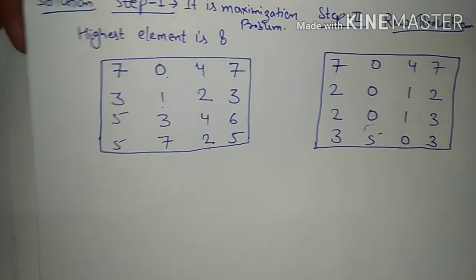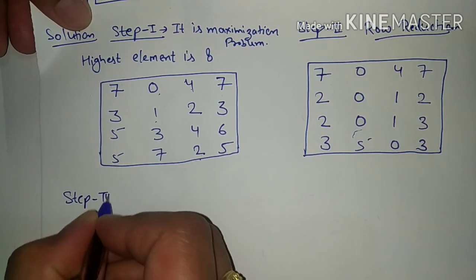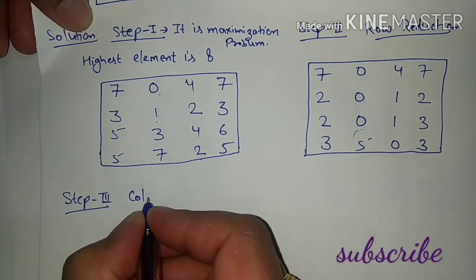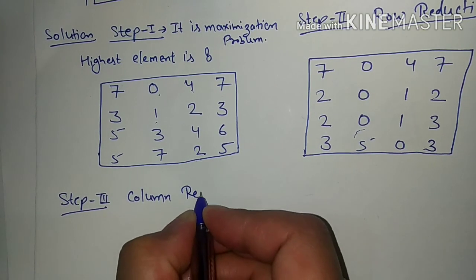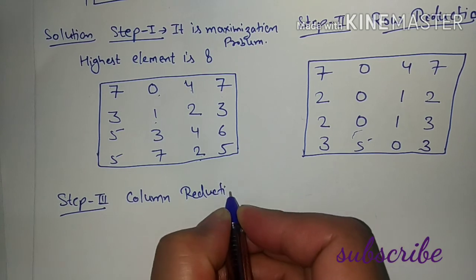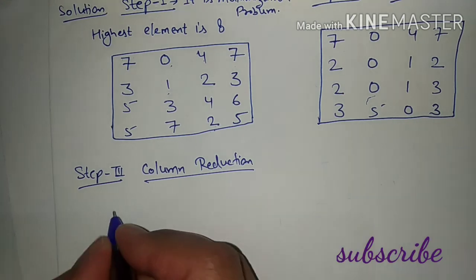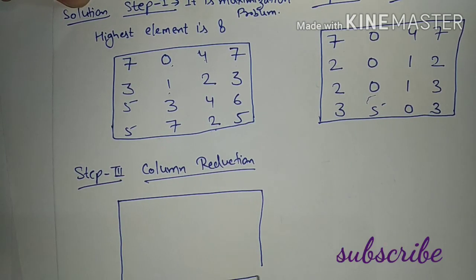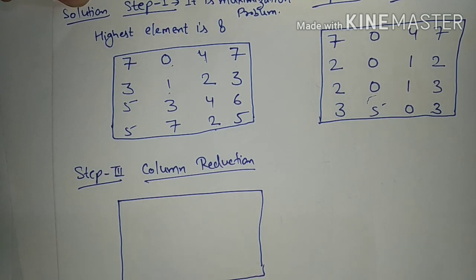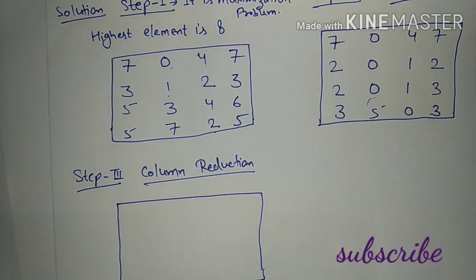Step number 3. Column reduction. In step number 3, we subtract the minimum element of each column from every element of the corresponding column.